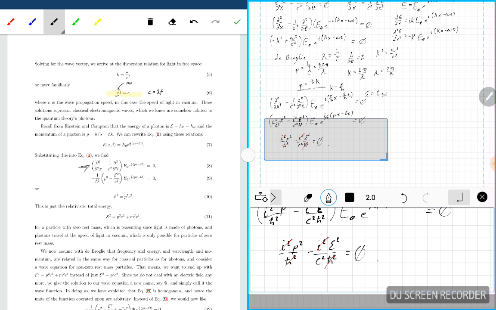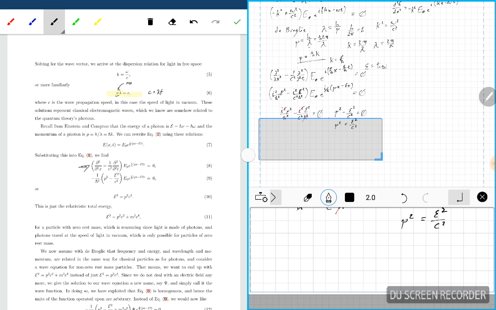And what we're going to get is that p squared minus e squared over c squared equals 0, or momentum squared equals energy squared over speed of light squared. Or just that energy is the energy of a photon, so that's the energy for a massless particle.